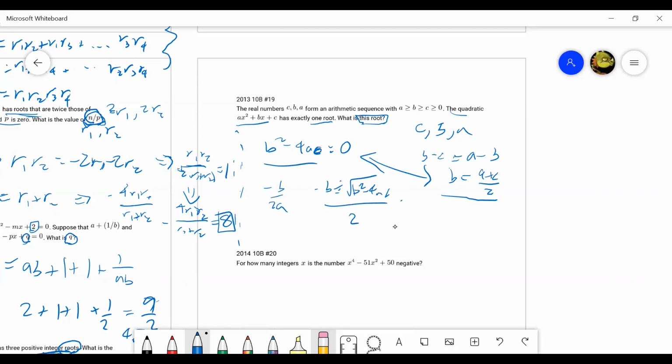And we know that the discriminant is 0 here. So this entire right side can just be ignored, and you're left with negative b over 2a. So that would be where you get the root. So in essence, you're asked to find negative b over 2a.